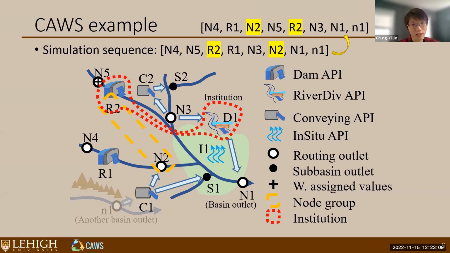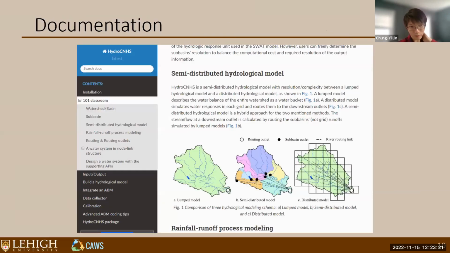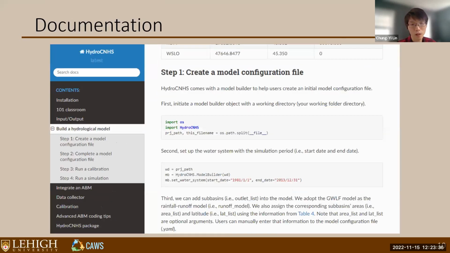And we also provide two other additional features, which are the node group and institution, for customizing this complex water system. For more detail, feel free to check out our online documentation. We provide detailed documentation, including the basic hydrological simulation introduction and the step-by-step model building instruction, as I show on the slide here.